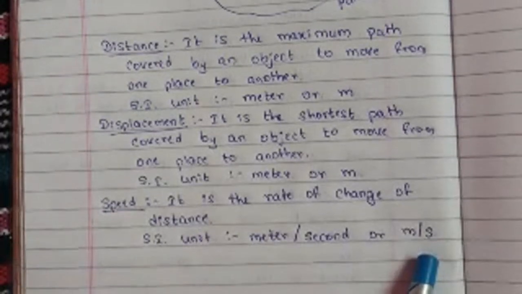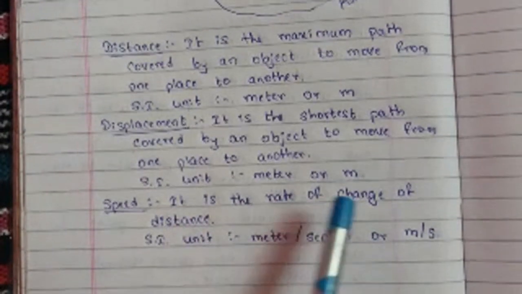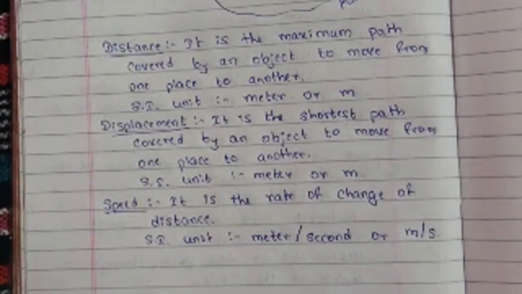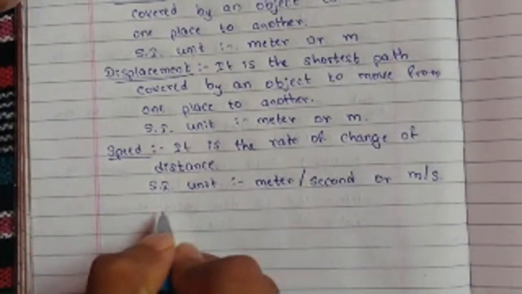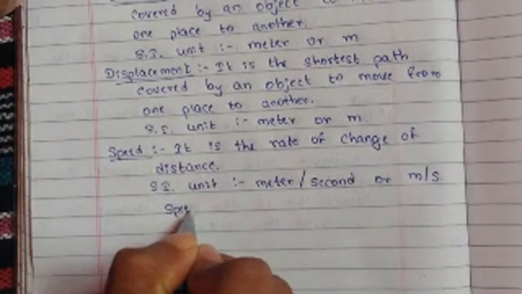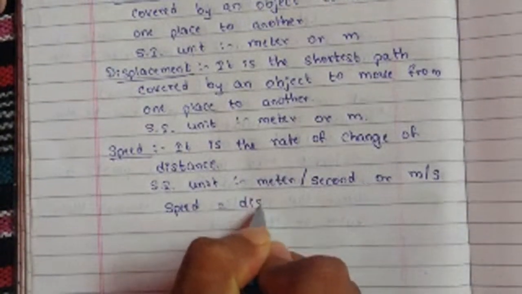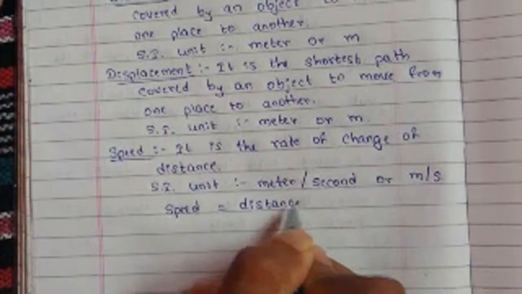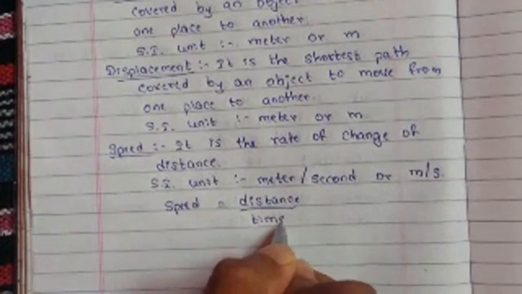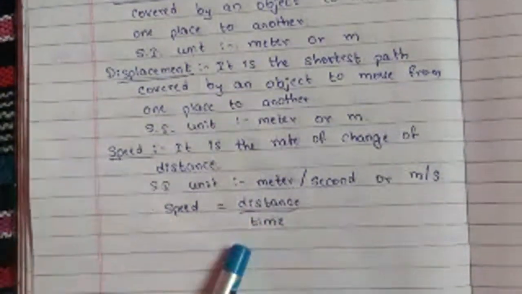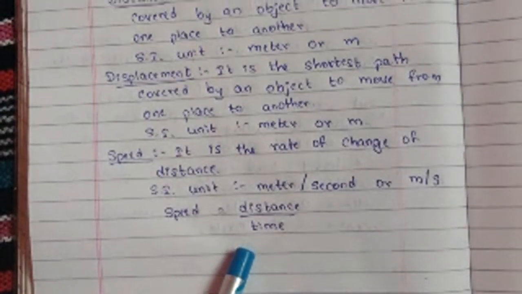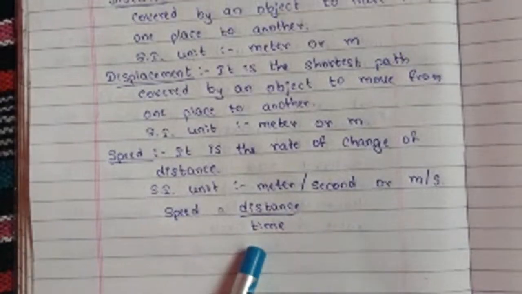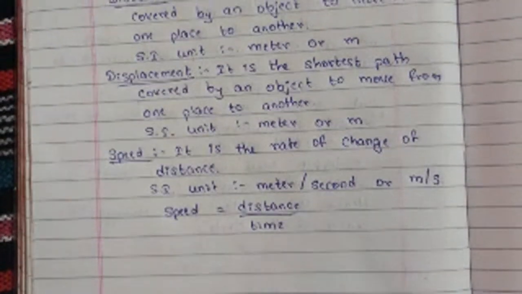Because it is the rate of change of distance, the change of distance with respect to time. So the expression becomes speed equals distance divided by time. Here time is in the denominator, which means it is the change in distance with respect to time. Okay, this is about speed.